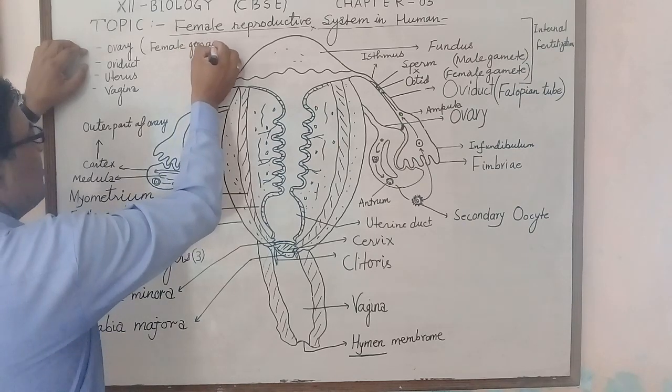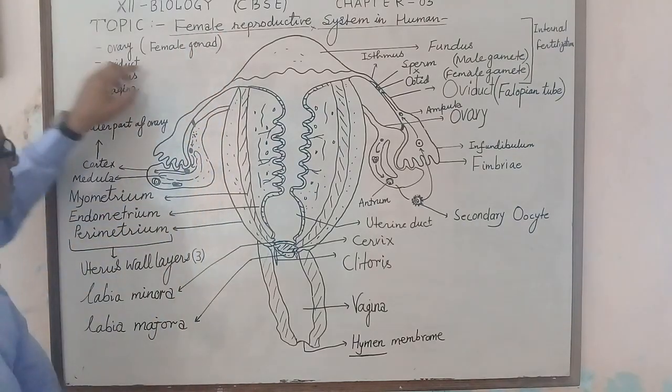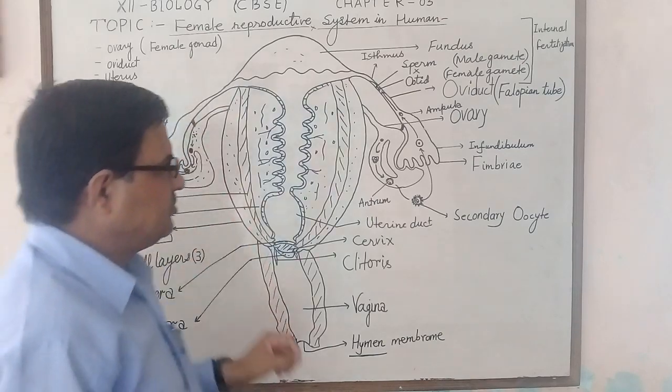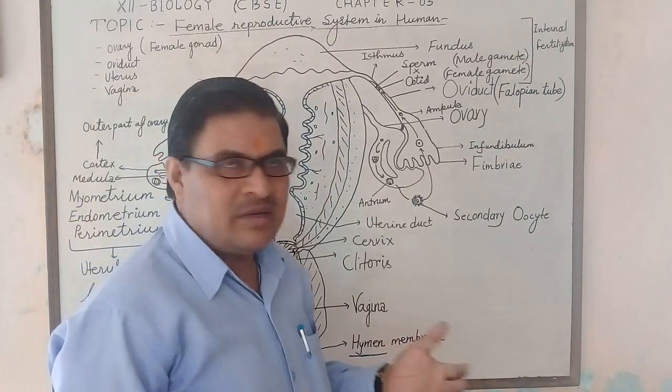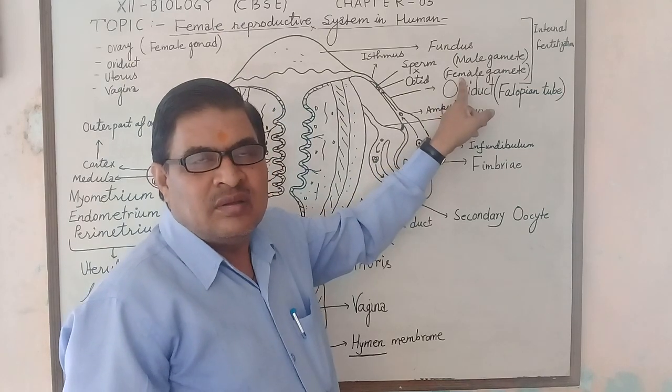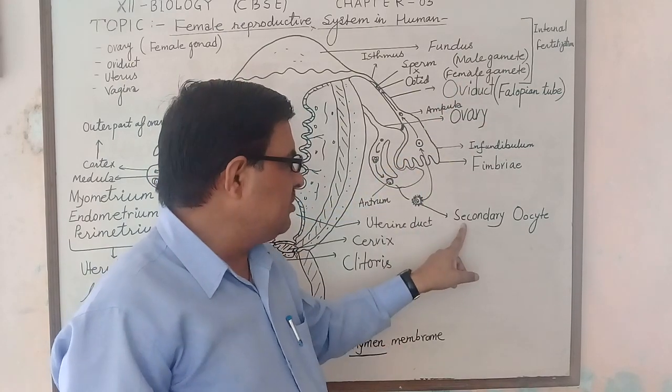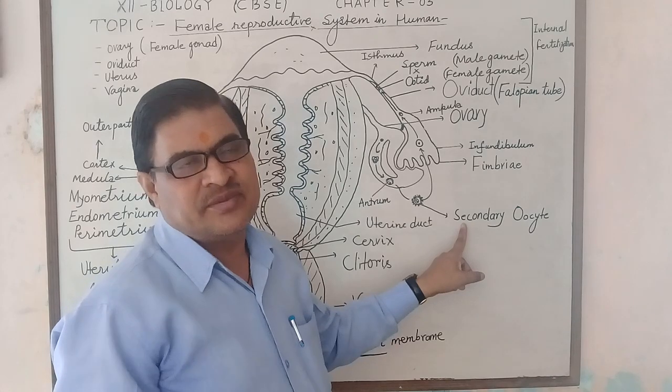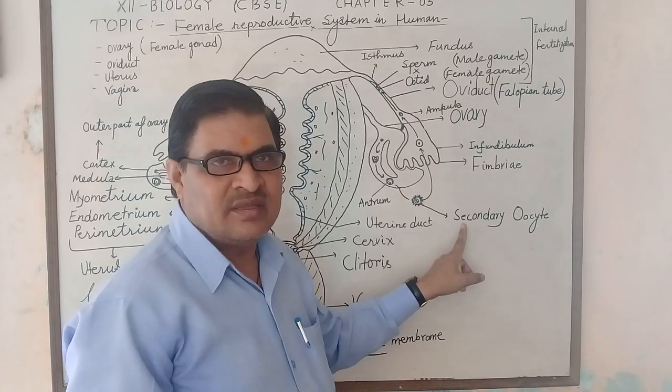Why female gonad? Because in the ovary, development of the female gamete, the secondary oocyte, takes place.